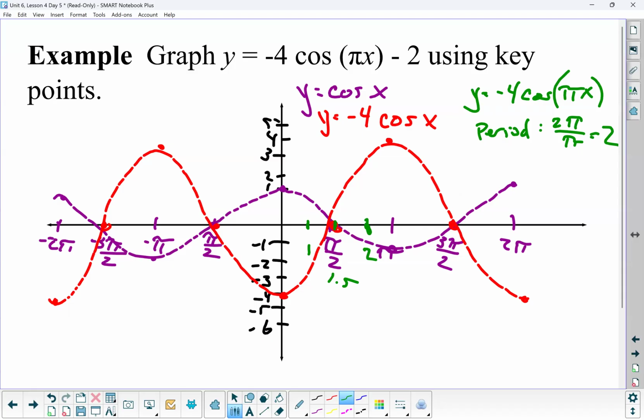And then in between those, we'd have our 0.5. I think my spot for 1 is off a little bit, so I'm just going to move it over a little bit. There we go. Likewise here, we would have negative 1, negative 0.5, negative 1.5, negative 2.